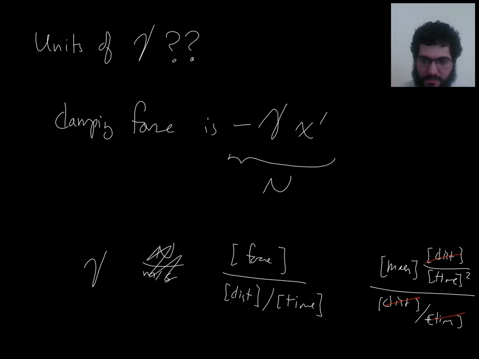Distance, time in the denominator here, time squared. So I've got mass per unit time. So the units of gamma, I actually didn't know what they were until I did this just now. The units of gamma are units of mass per unit time. Interesting.